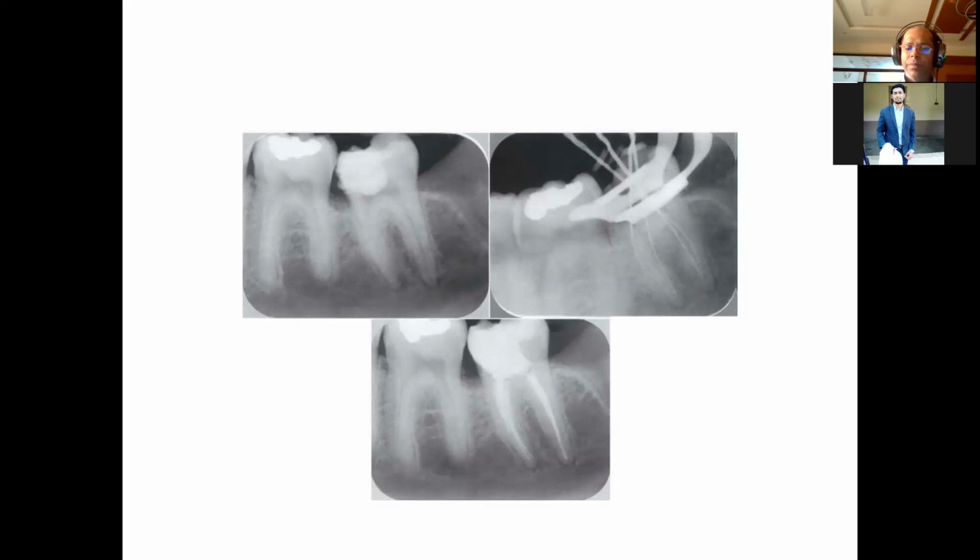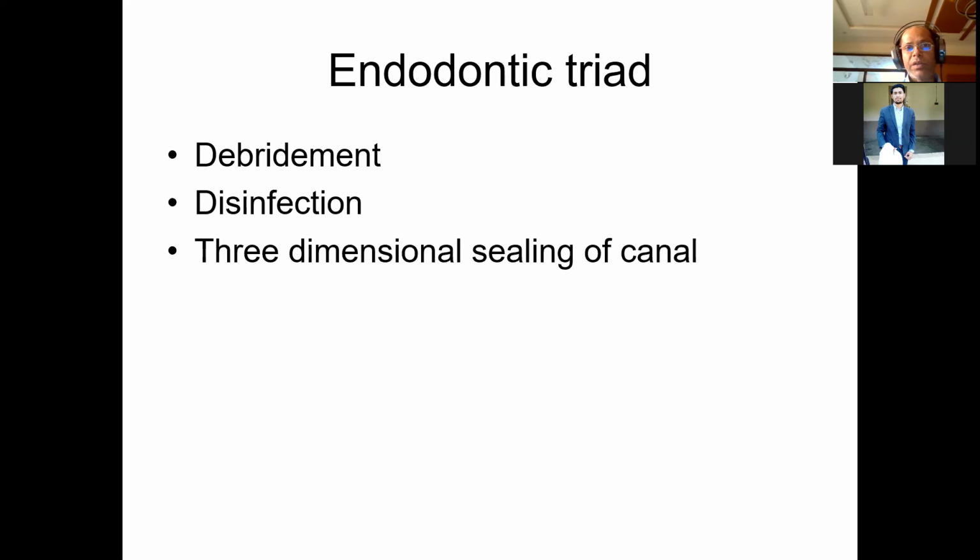So clean the canals and disinfect them, because the purpose of cleaning is to disinfect the canals and make them free of bacteria, and then sealing of the canal, what we call the obturation, because when the canal is sealed there could be no chance of reinfection. So all these things look very simple, but it is sometimes so difficult to perform.